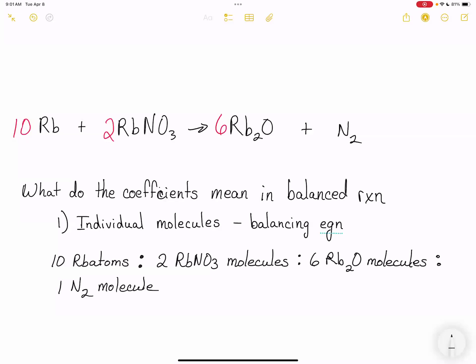Again, this particular variation of this description is useful when balancing the equation.